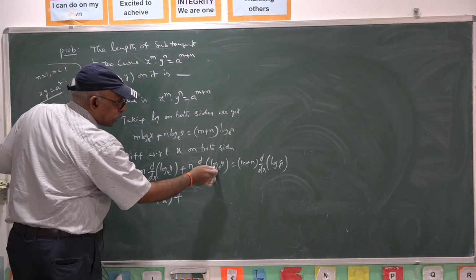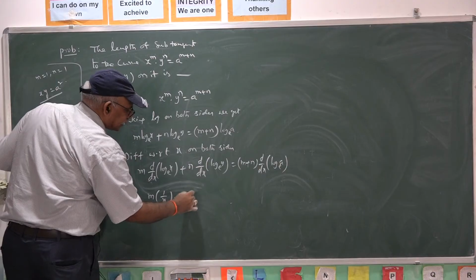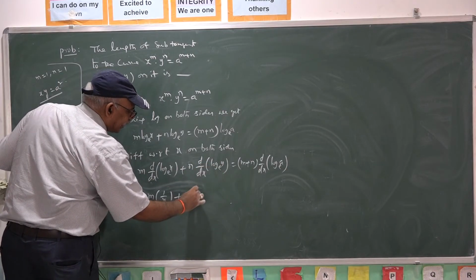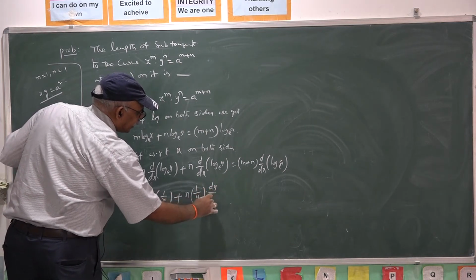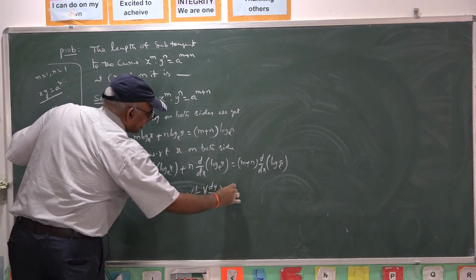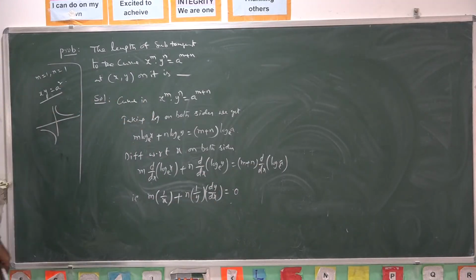Plus, this is a function of y, whereas you are taking with respect to x. Hence, take the derivative with respect to y at first, that means 1 by y into dy by dx, equal to 0, because the derivative of log a, the constant, is 0.